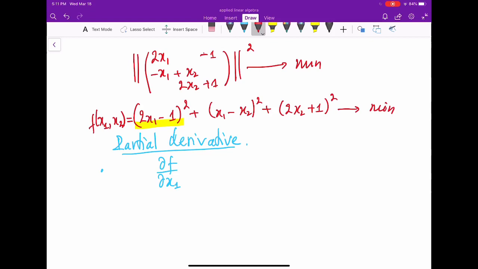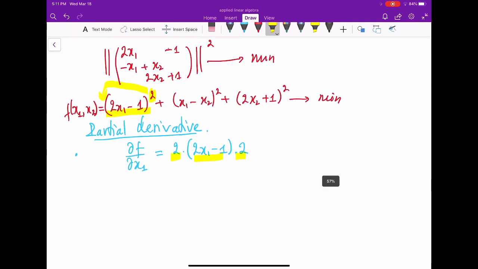I just differentiate with respect to x1. So I get 2 times (2x1 minus 1) times 2. I use the chain rule in this situation. We have 2, that is the power. We bring the power down, and then I keep the inside function and differentiate the inside with respect to x1, and I get 2. So that is the derivative of the first term.